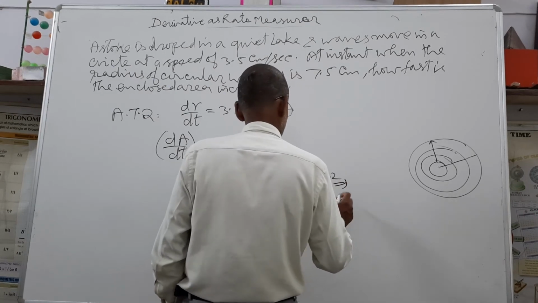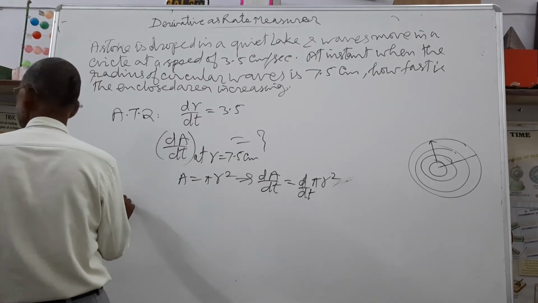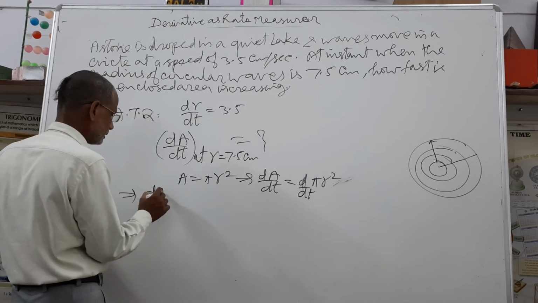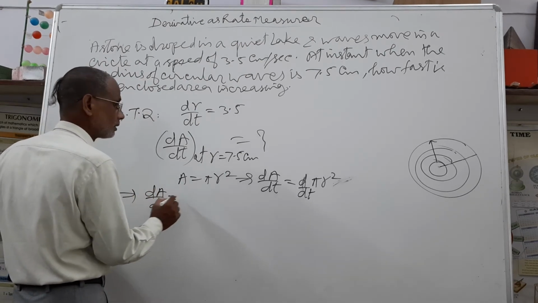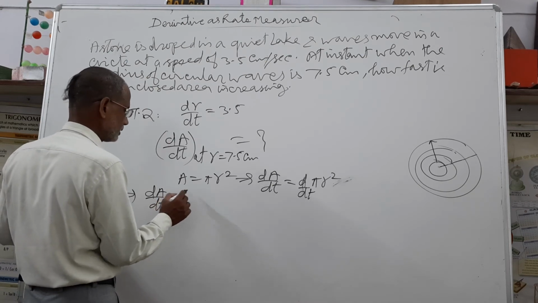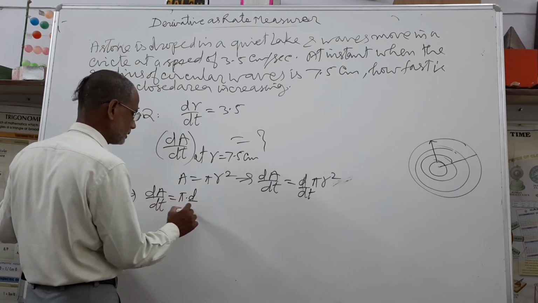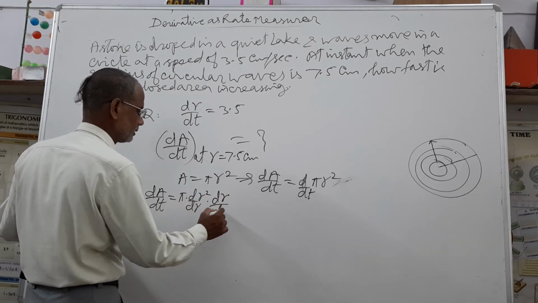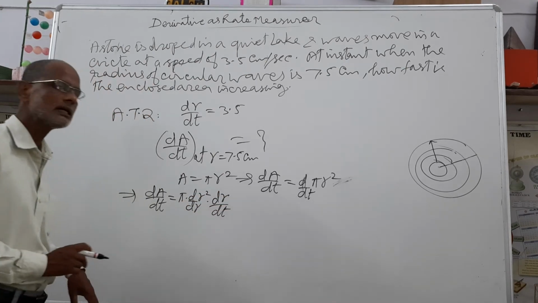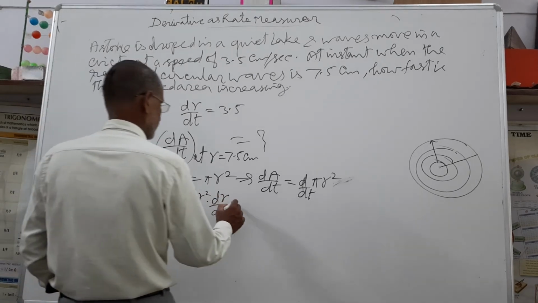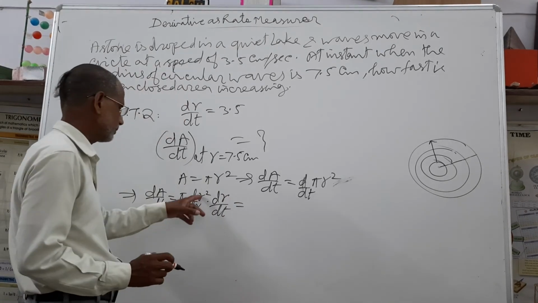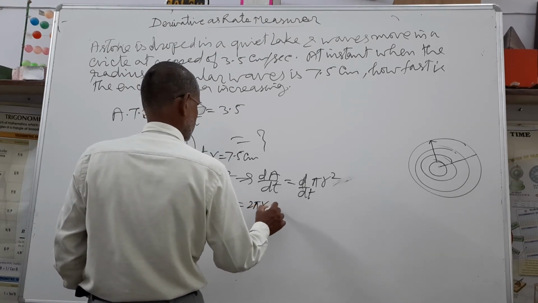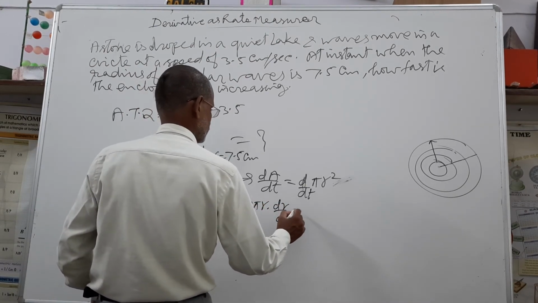This implies dA dt is equal to pi, which is constant, comes out, d dr of r square into dr dt, multiply and divide by dr, is equal to 2r, so 2 pi r dr dt.